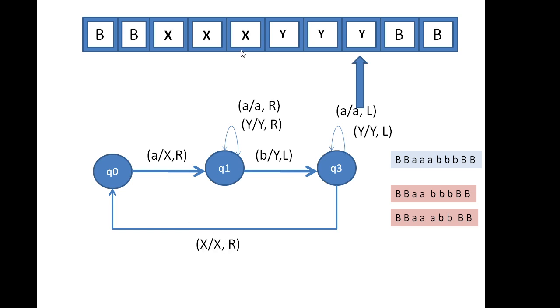Why am I moving right? I have already told you. If you get an X consecutive to a Y, you keep moving right till you get a blank. So I keep moving right till I get a blank. If I get an X, I keep taking X and keep moving right.